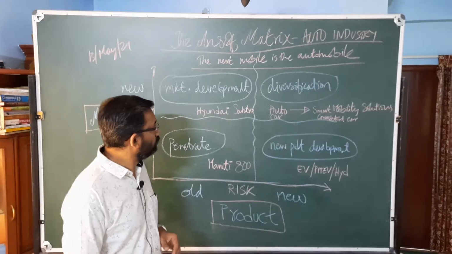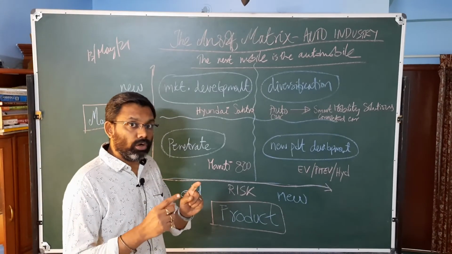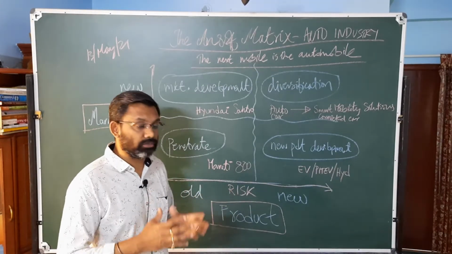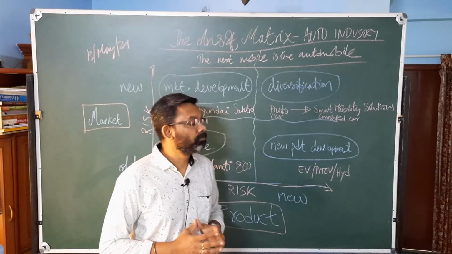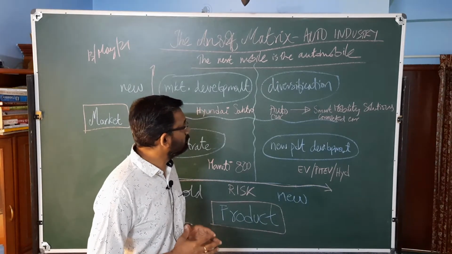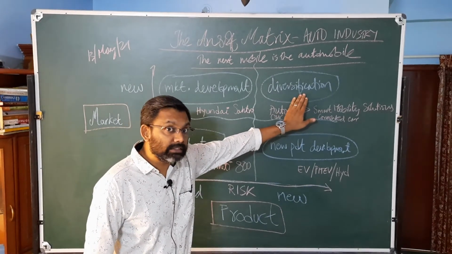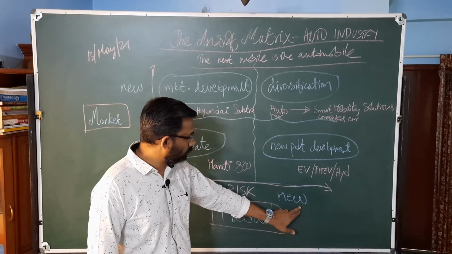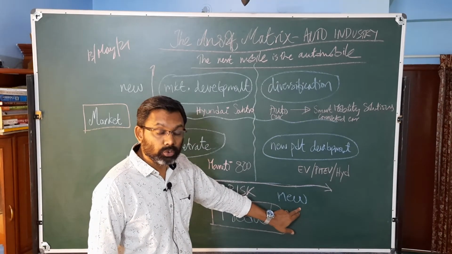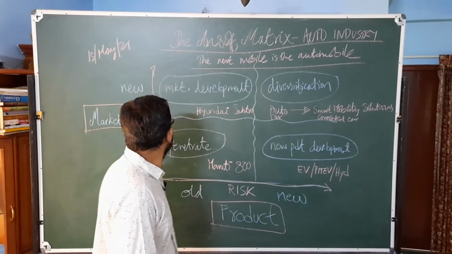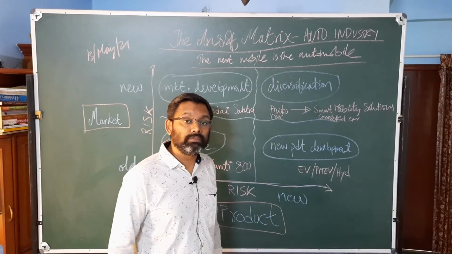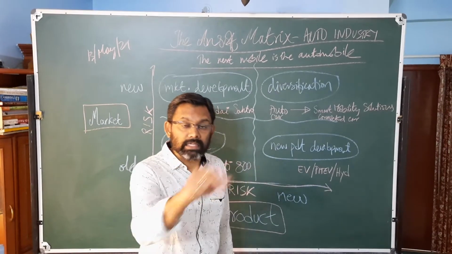Now, there is also a very rapid and visible transformation happening in this 130-year-old automotive industry, and that is everybody's diversifying. That means they are not only coming up with new innovative products, but they're also getting into new innovative markets, creating market segments.